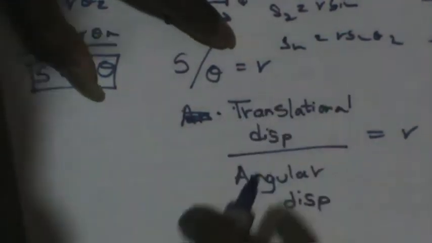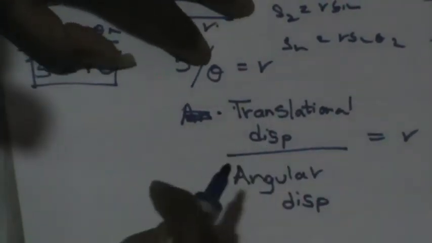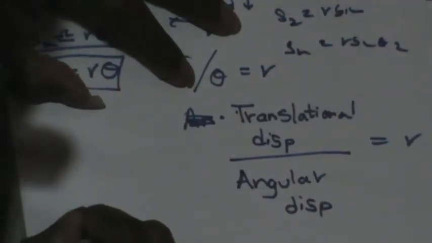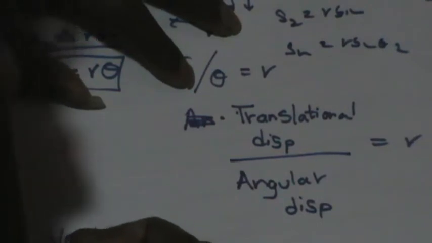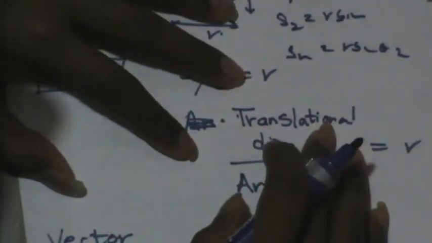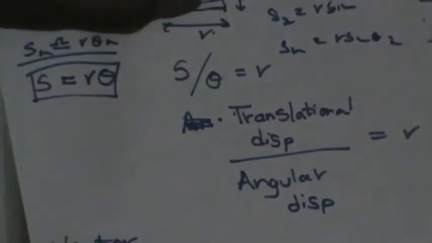This is not only relevant for displacement, it is relevant to any other vector quantity in translational motion and rotational or angular motion. So this is regarding vectors. You take the displacement, because sometimes in complicated problems you may find the distance, however we have to take the displacement, not the distance.